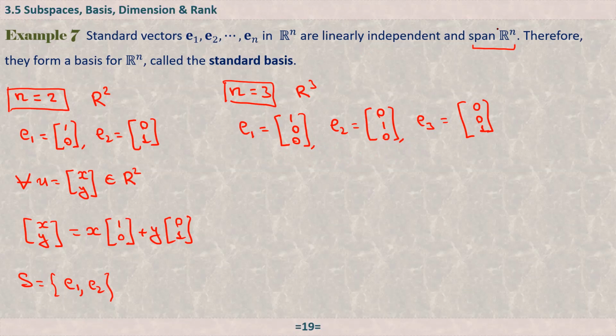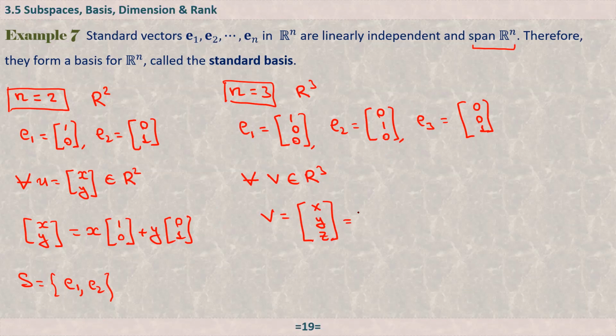Now we have to show that it also spans Rn. Again, if you just pick any vector V from R3, with components x, y, z, can we write it as a linear combination of these three vectors?